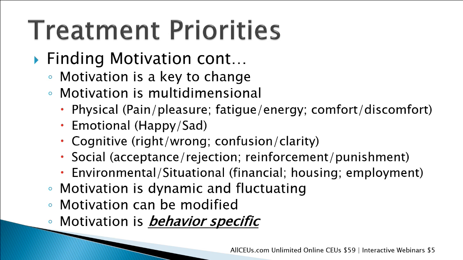Then we have social motivation. Are you going to get acceptance from your peer group for this behavior? Do we always do things to get acceptance from our peer group? No. Most of the time we do, but sometimes the right or wrong may win out. So we want to look at social acceptance.